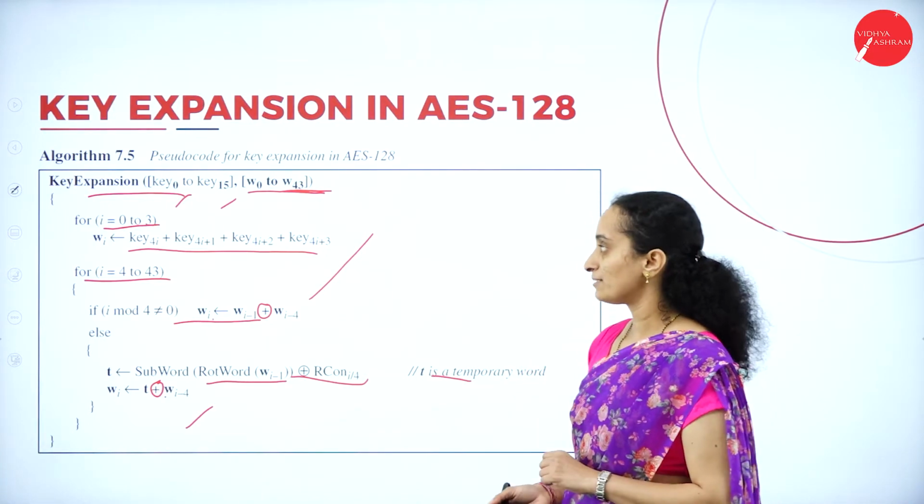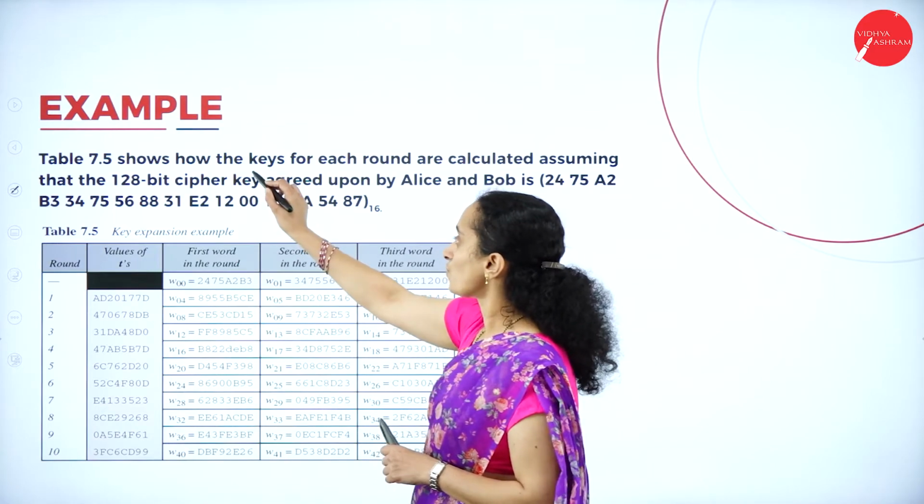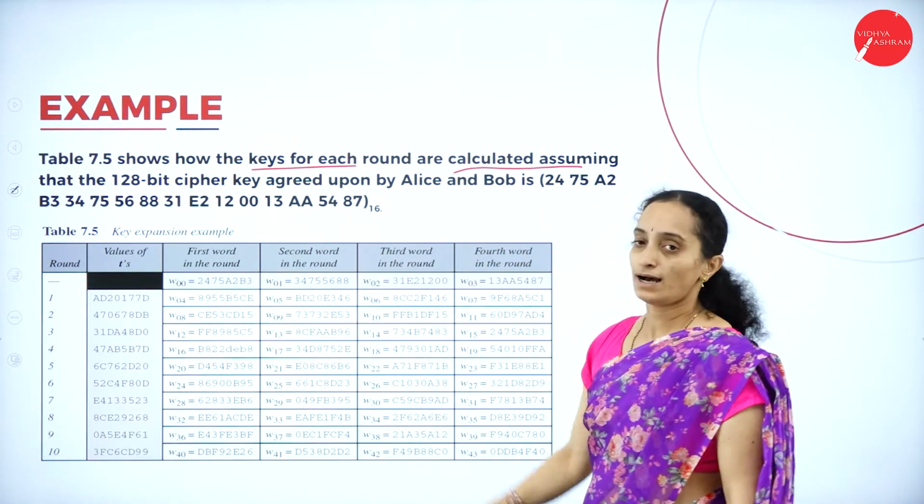Alright. The below table shows how the keys for each round are calculated.